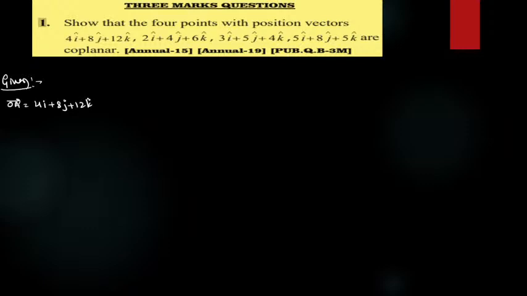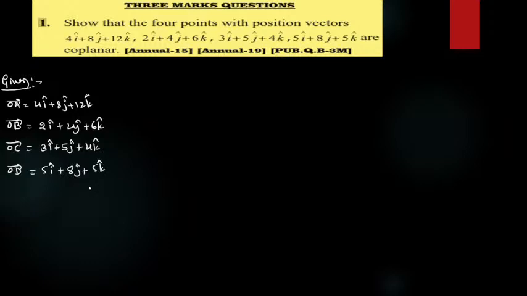And the second one, I will write it as OB, that is 2i plus 4j plus 6k cap, and the third vector OC is provided, that is 3i cap plus 5j cap plus 4k cap, and another vector OD is provided, that is 5i plus 8j plus 5k cap. You have to show that the corresponding points of these vectors are coplanar.